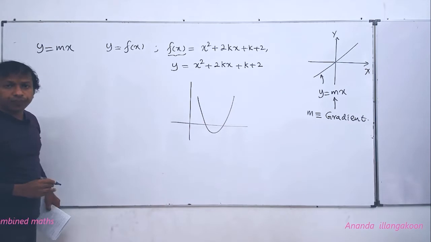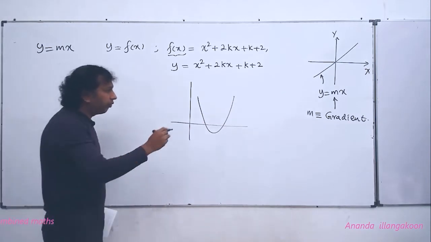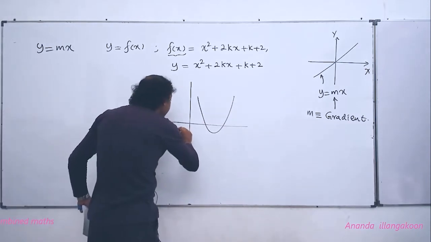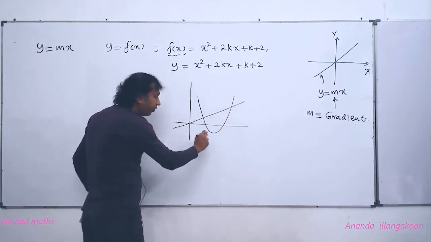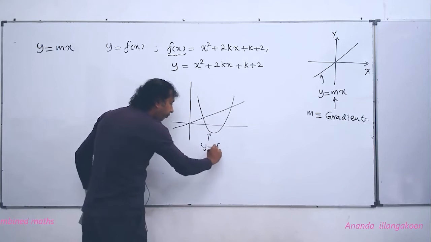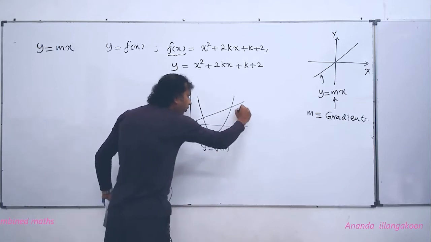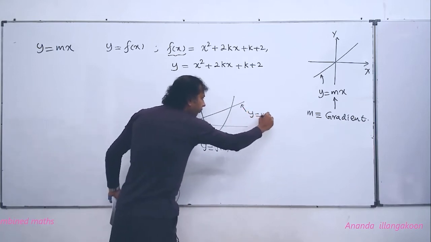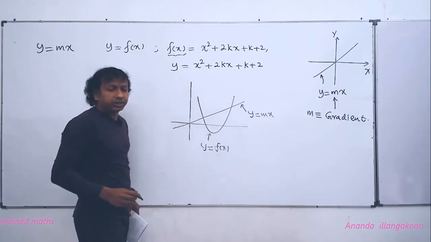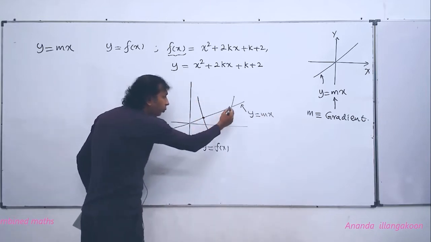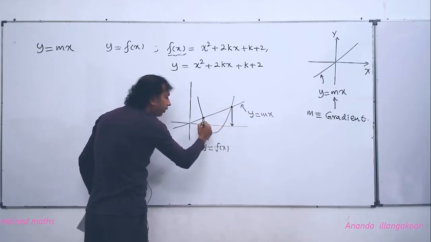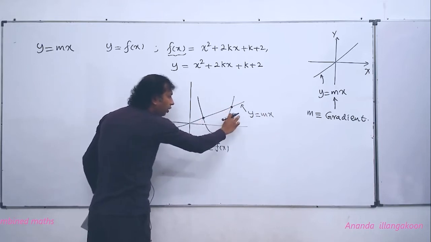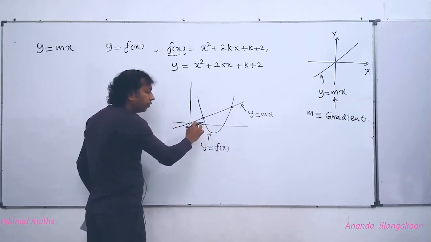Now, if I draw that y equals mx line like this, see here, you can see the graph y equals f(x) is this. The line y equals mx is this. You can see they intersect at two different points. See, there are 2 points of intersection.